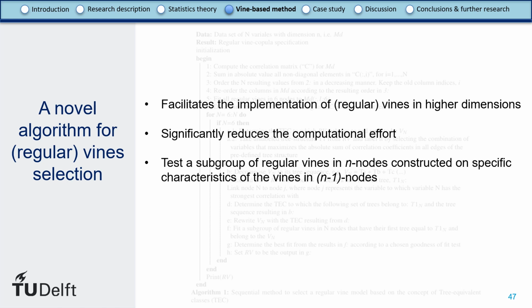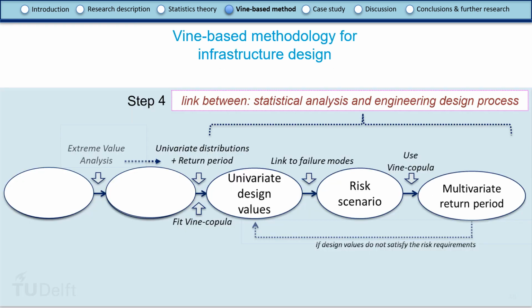Basically, this algorithm allows the user to test a subgroup of regular vines in n nodes, so with n variables, constructed on specific characteristics of the vines in n-1 nodes, so with one less variable. If we now go back to the methodology, step 4 is actually meant to be the link between the pure statistical analysis and the engineering design process.